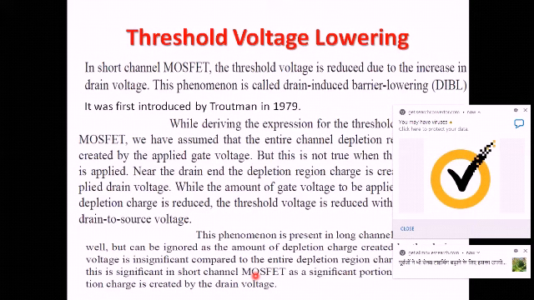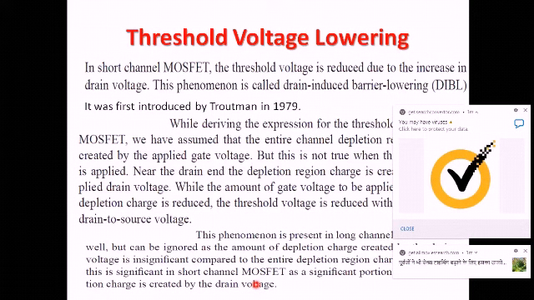However, this is very significant in the short channel MOSFET as a significant portion of the depletion charge is created by the drain voltage. So I hope this threshold voltage lowering is also clear to all of you, and you can see that this phenomenon called the drain induced barrier lowering is present in long channel MOSFET as well, but this can be ignored.